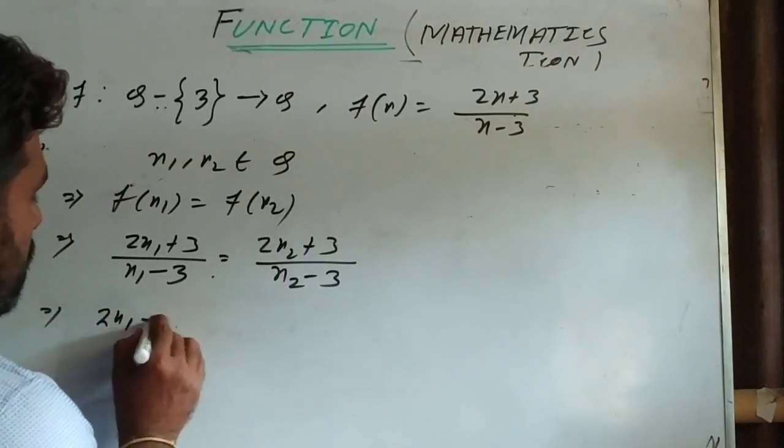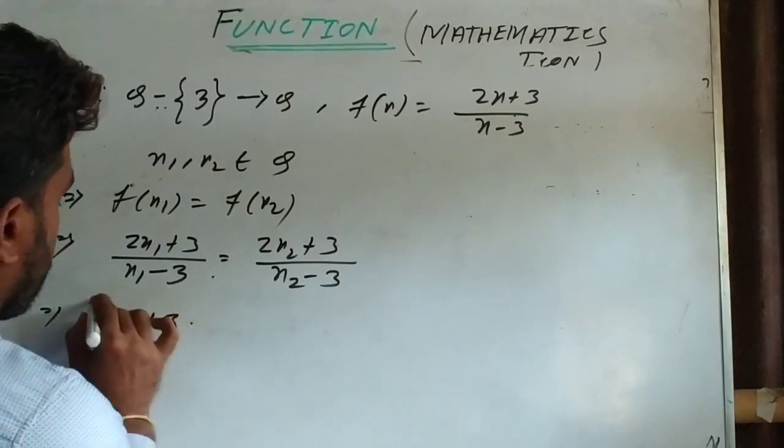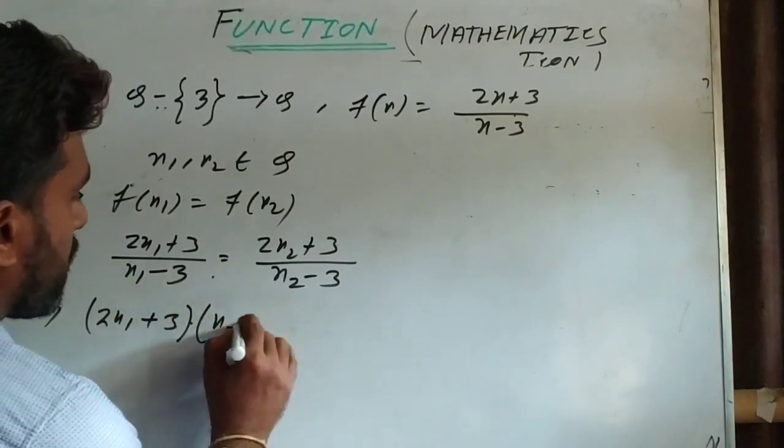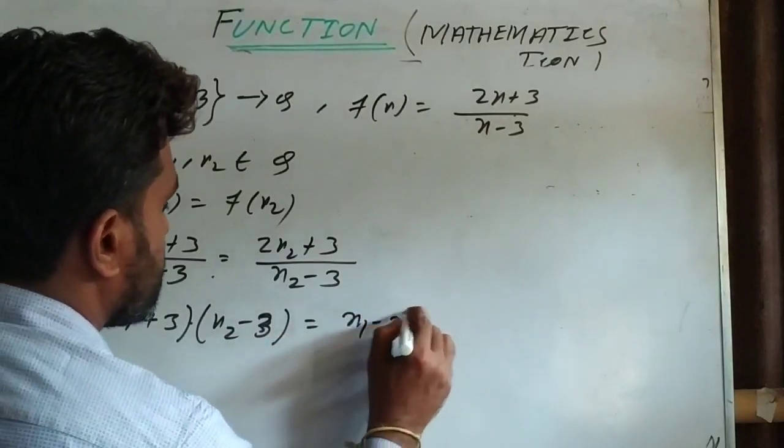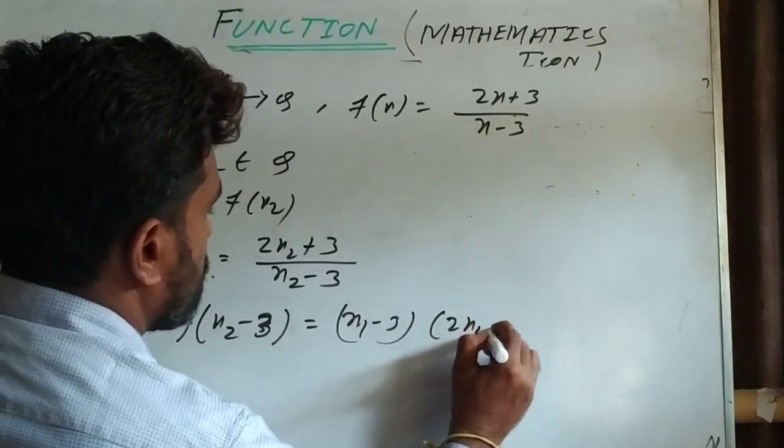Now diagonal multiplication: 2x1 plus 3, diagonal multiplication x2 minus 3 and x1 minus 3, 2x2 plus 3.